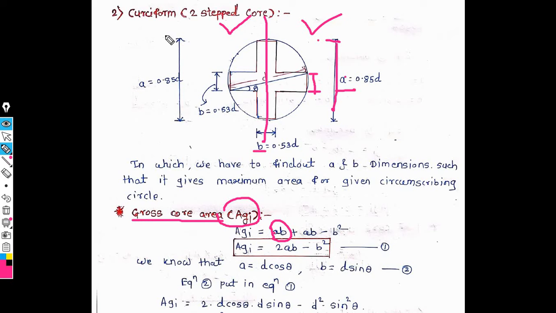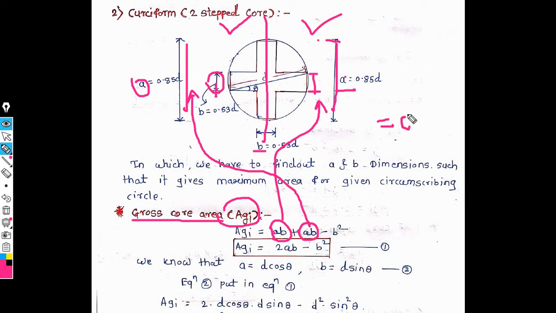The second section we select is this section, with A and B. This section and this section give A into B, plus A into B. Also, this section is obtained as A and B, minus B square.